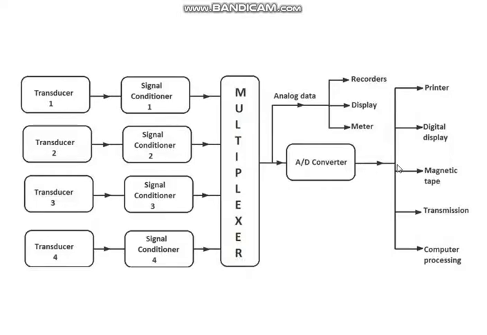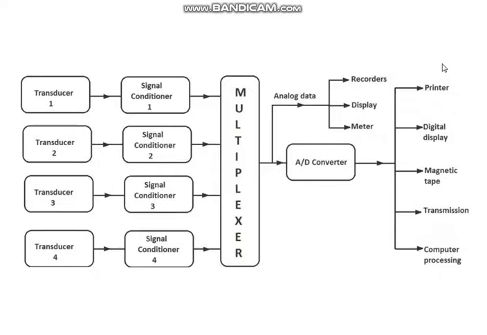That output is fed to a printer, because your printer is a digital device, your digital display is a digital device, your tape is a digital device, or computer processing is a digital device. So for all these digital devices, I need digital data. So the input from the transducer is converted to digital with the help of this analog to digital converter, and it is fed to the various elements where I have to feed.